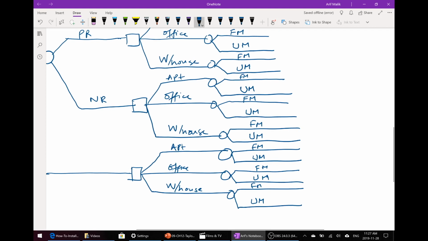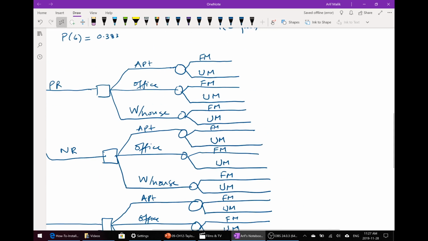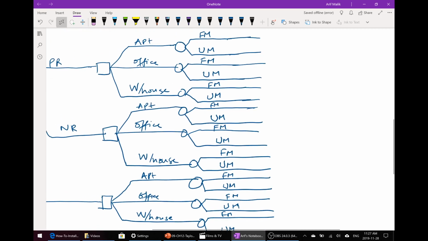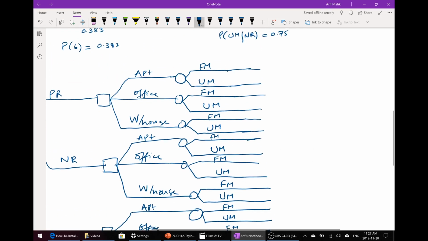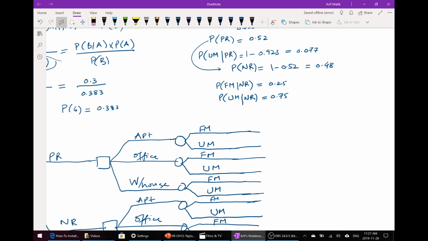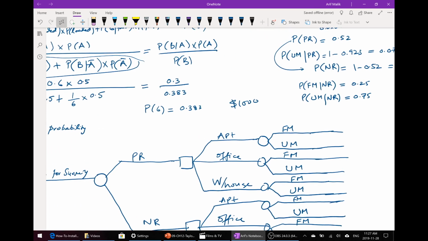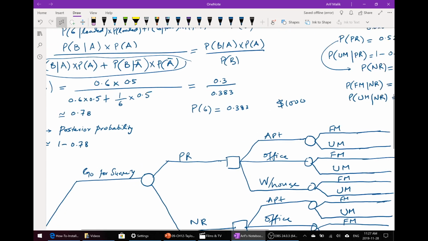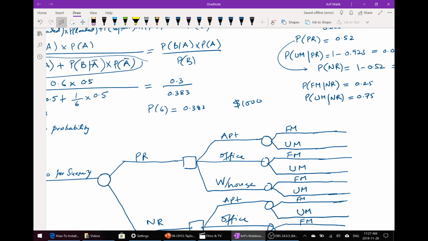And then at the end we can put the payoffs. We said that the consultants are charging $1,000 for doing the survey. So here, if we go for the survey, then it means they are paying $1,000.